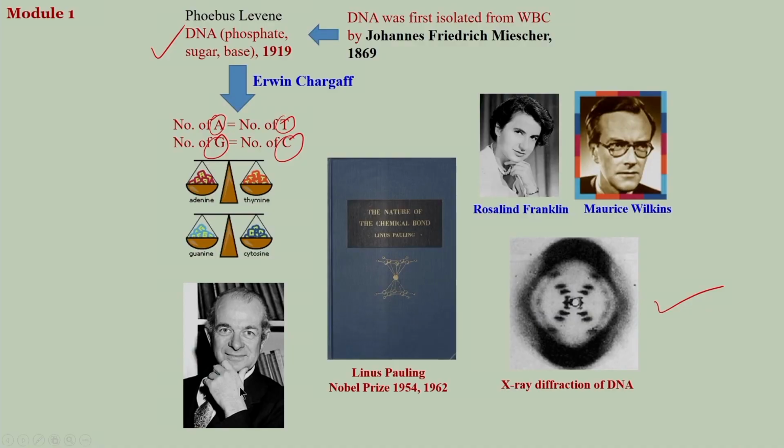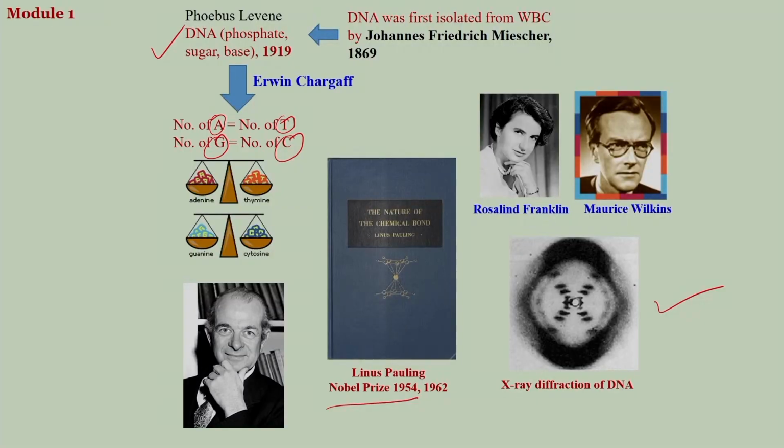Linus Pauling, and his famous book, The Nature of the Chemical Bond. So this is the book, it is a center in chemistry basically. Whatever the bond lengths, the single bond distance, double bond distance, the angle between the atoms in organic molecules, electronegativity scales, whatever, all those things are in this book, and this is the Bible for chemistry.